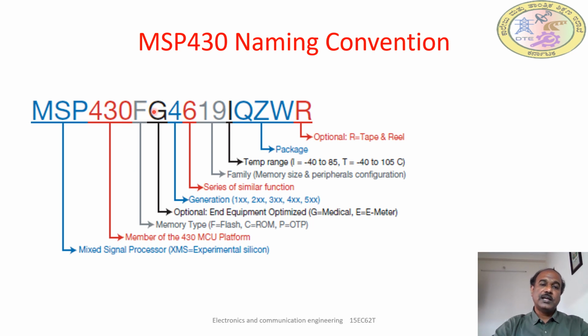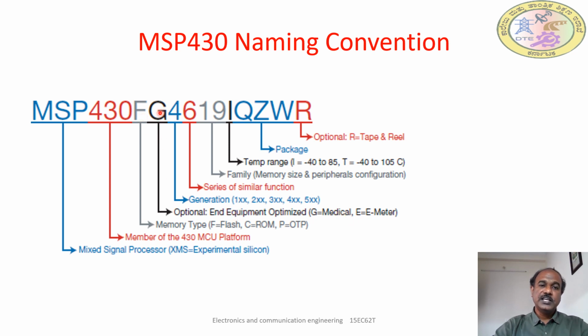Then the second letter is optional. That means in some microcontrollers this letter may be there in the name, and in some MSP430 microcontrollers it may not be there. If it is there, it indicates what type of application the microcontroller is optimized for. For example, if it is G, the microcontroller is optimized for the medical field.